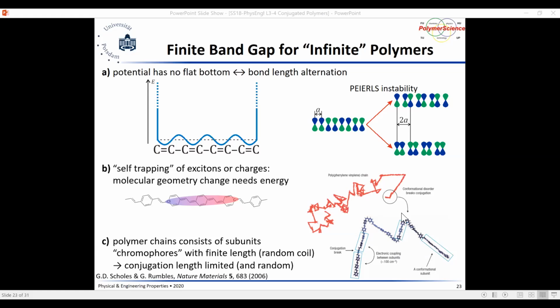So you can see you have this rotation here, so this is almost a broken conjugation compared to this part. Just to note, long-range Coulomb interaction couples the conformational subunits. Later on, when we talk about excitation and what happens when light is shone, the disruption of the conformational subunits becomes very important.